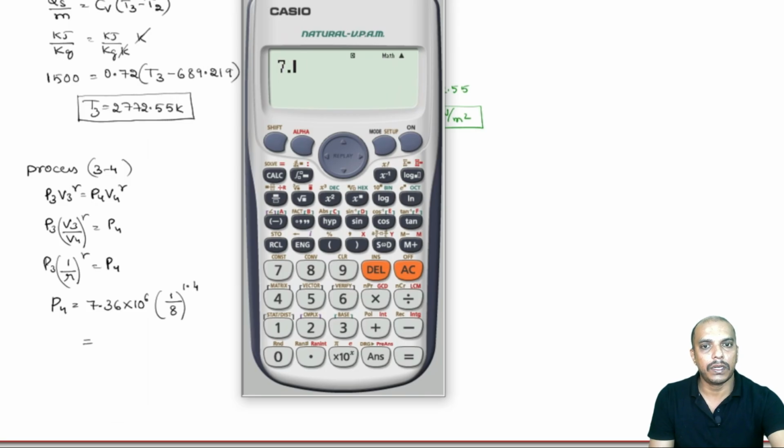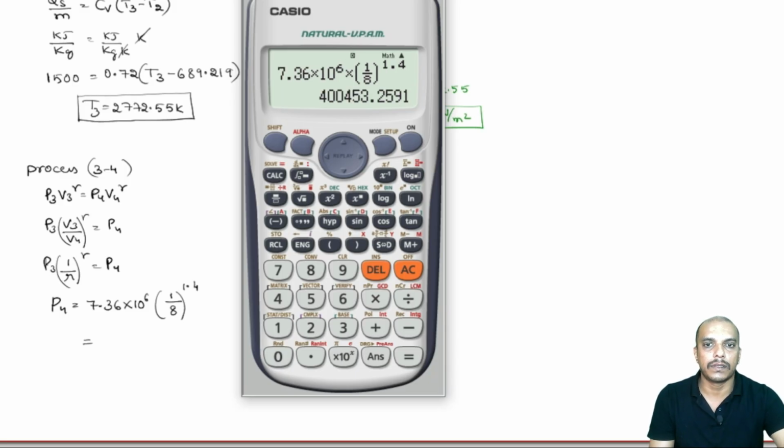So 7.36 into 10 power 6 multiplied by 1 by 8 to the power 1.4.